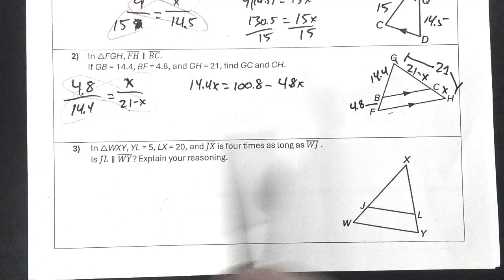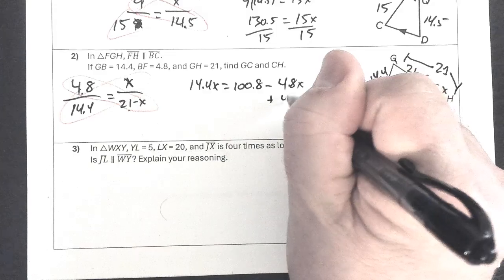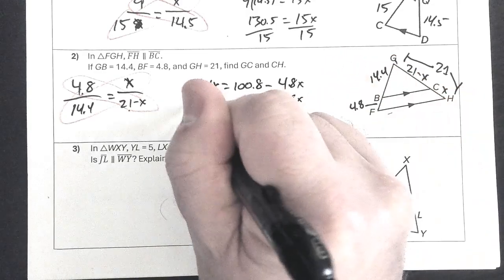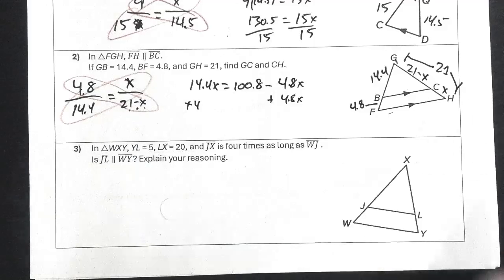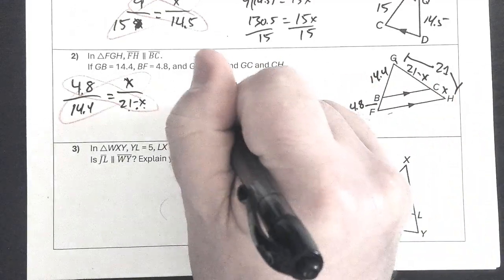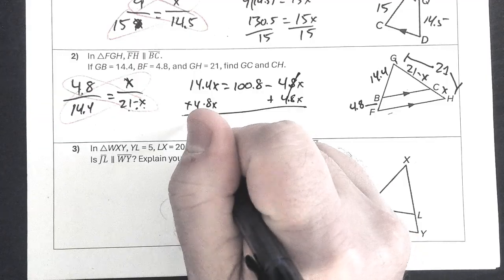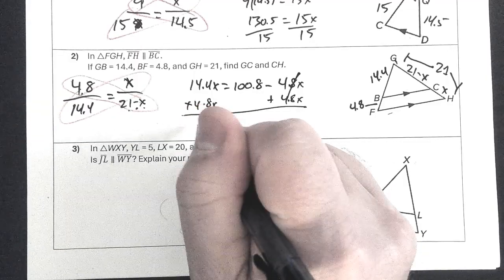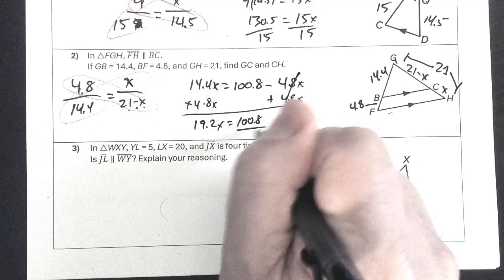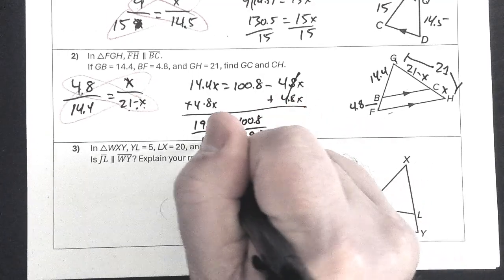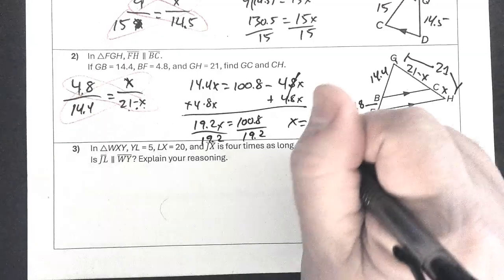We're going to add 4.8x to both sides because we had negative 4.8x here. These cancel. This is 19.2x equals 100.8. Divide both sides by 19.2. You get that x is equal to 5.25.